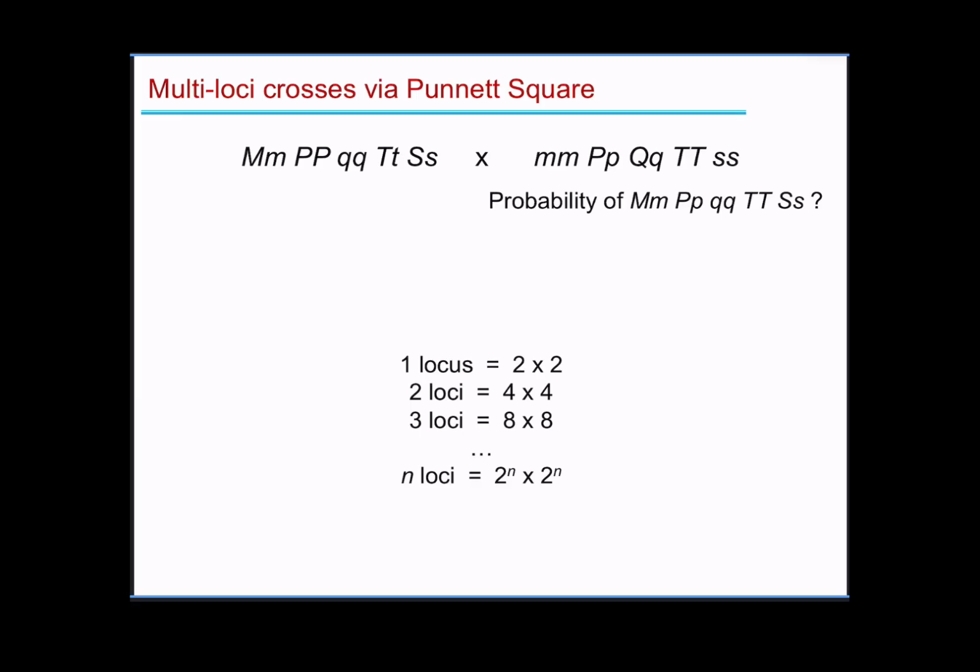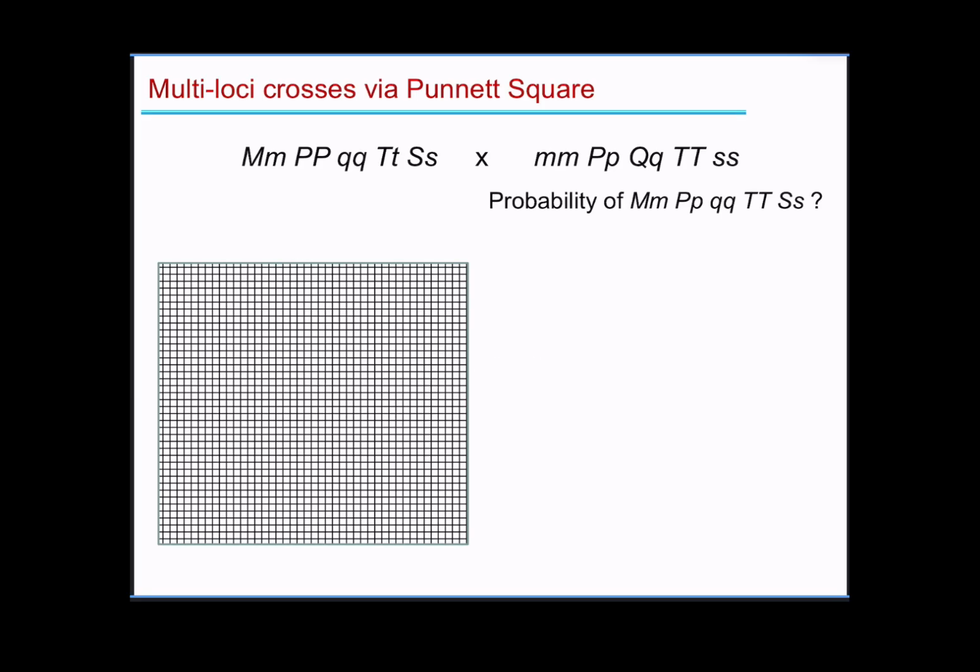For three loci, an 8 by 8, and so forth. For a penti-loci cross, like the one shown up there, should be 2 to the 5th times 2 to the 5th. And that is 32 times 32. That's not easy to draw, right? It would look something like this.